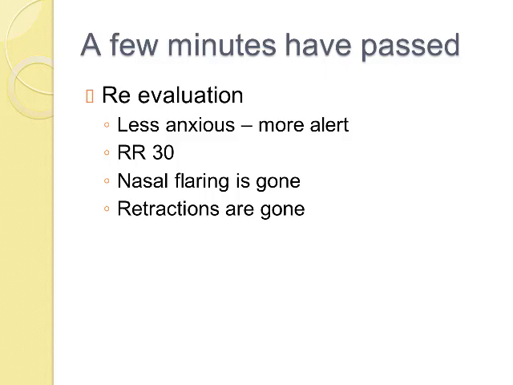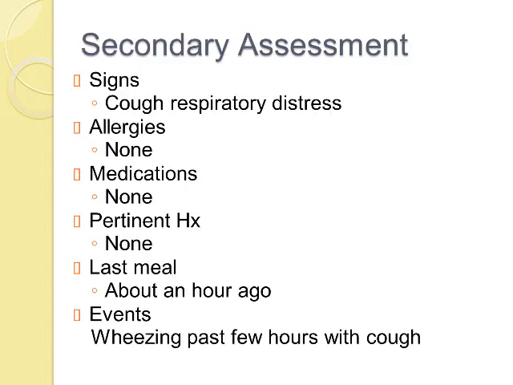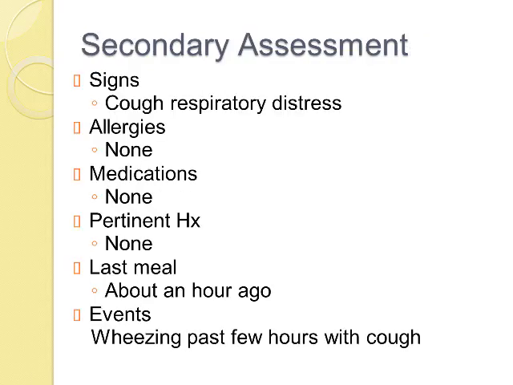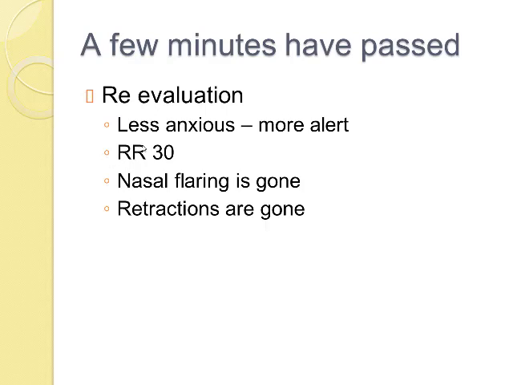We treated this patient with maybe albuterol and Atrovent to help relieve and open the airways. When the airways are opened and relaxed a little bit, we have now a less anxious, more alert child. Respirations are more within her normal limits at 30.